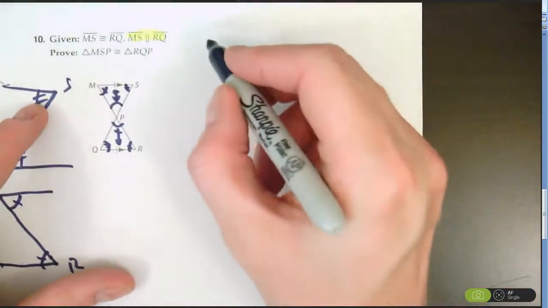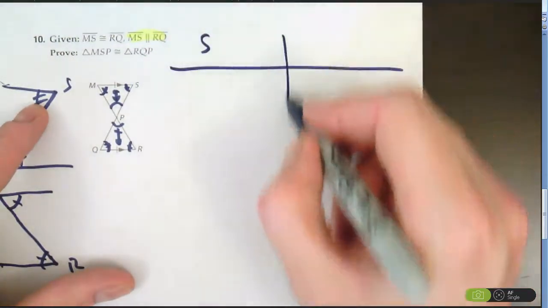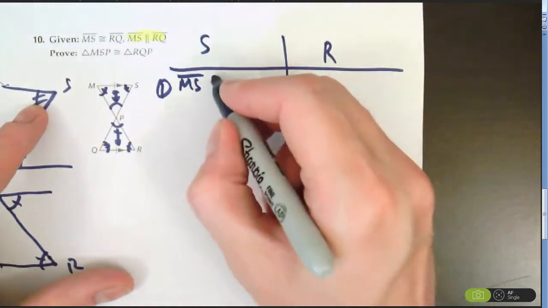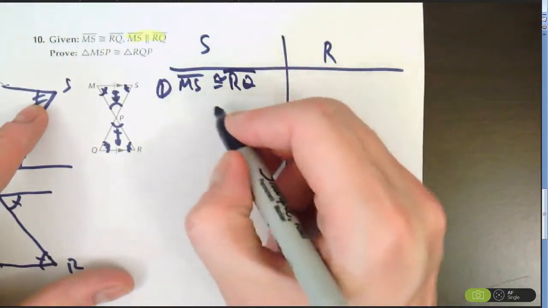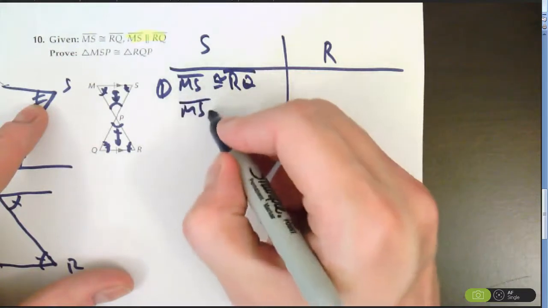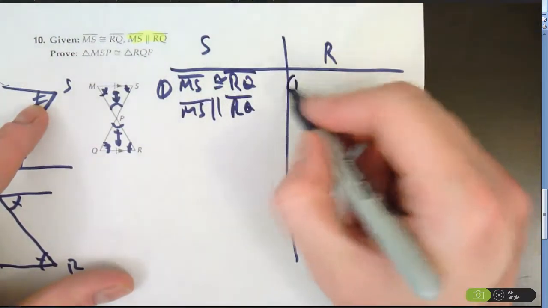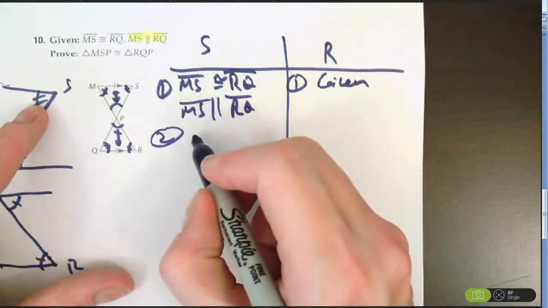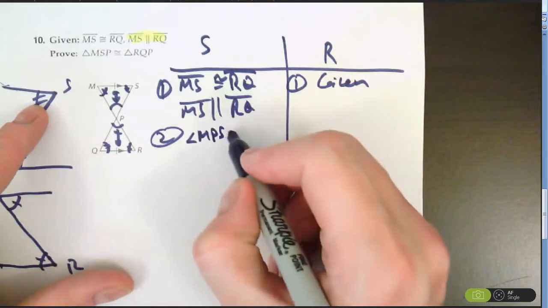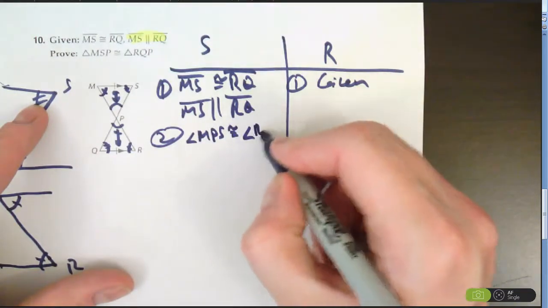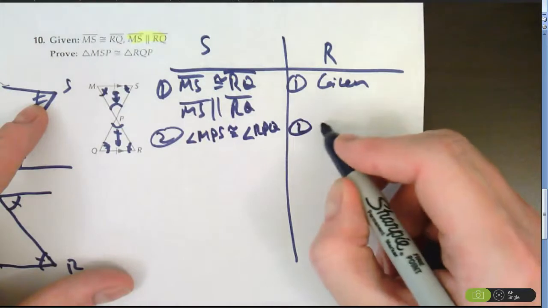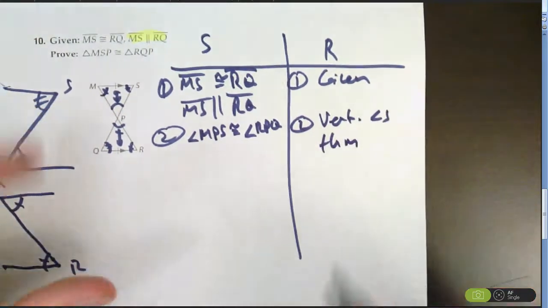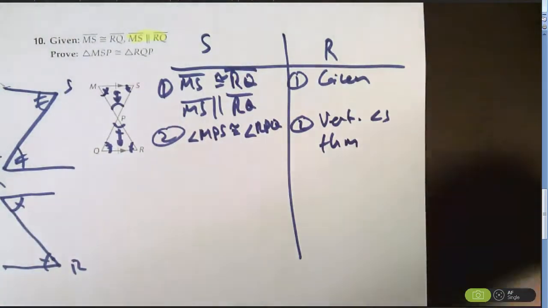So statements and reasons. 1, MS is congruent to RQ, and MS is parallel to RQ. 2, the vertical angles. Angle MPS is congruent to angle RPQ. That's vertical angles theorem. Now, I'm just going to call it two different step 3s.